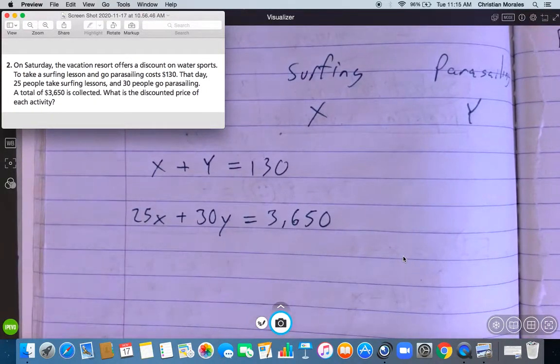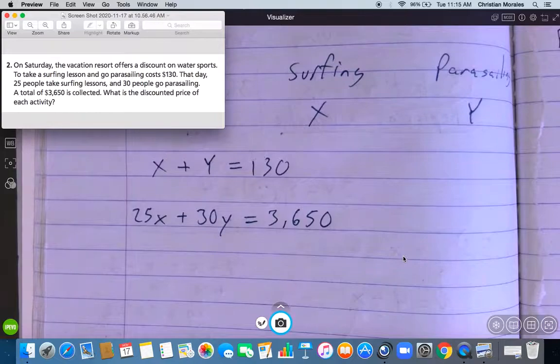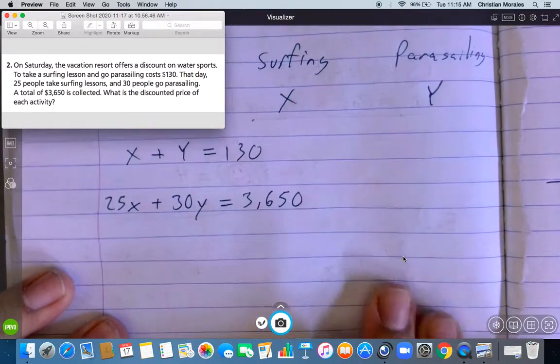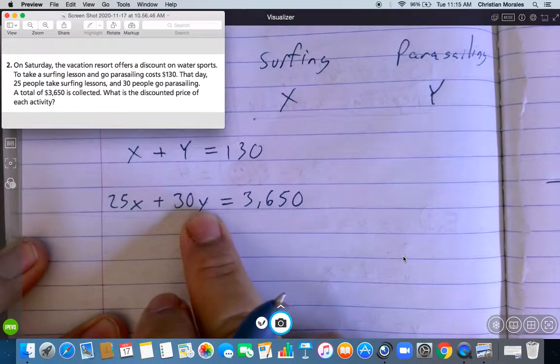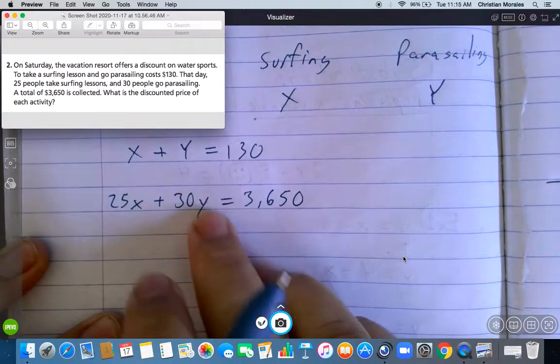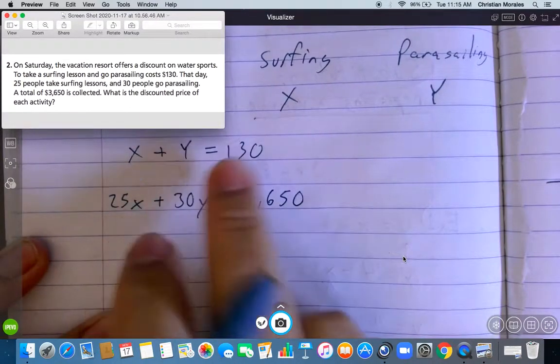Okay, now there's 2 ways we can do this. One way is to do substitution. So guys, you would take one of these equations and replace it in the other. Now there's a problem here. The problem is this equation is equal to 130.